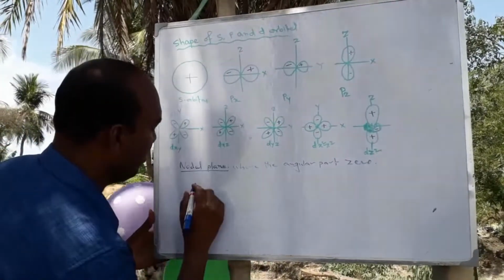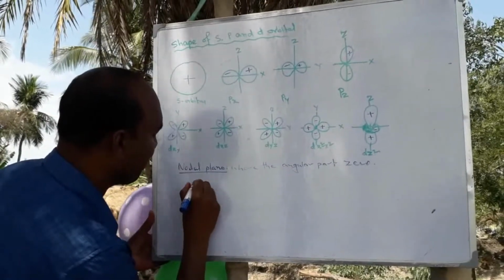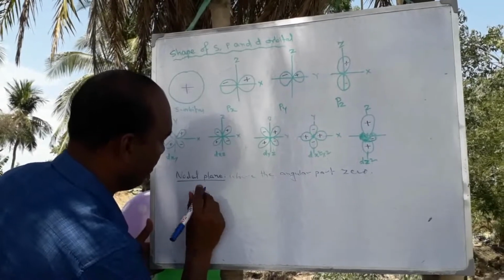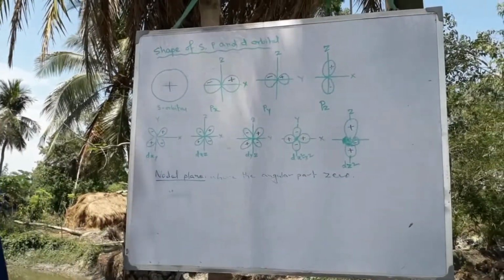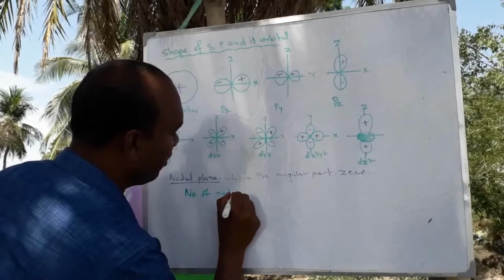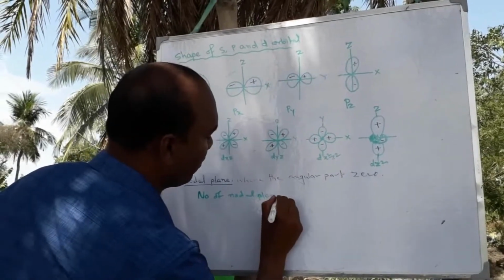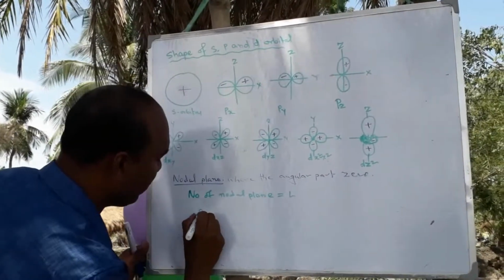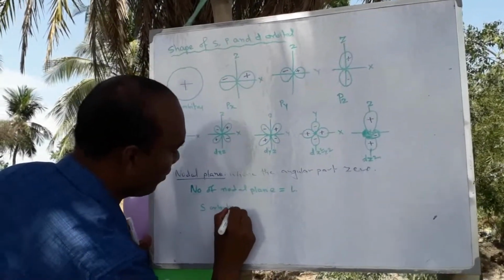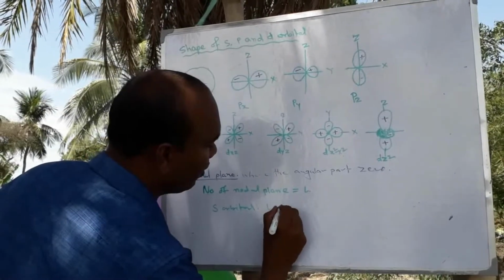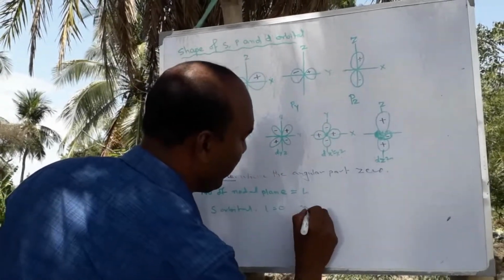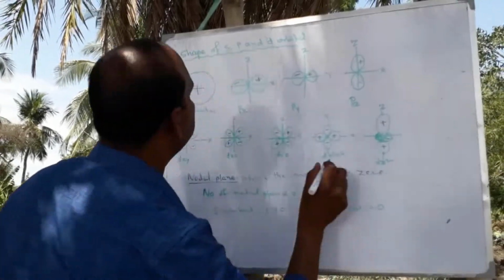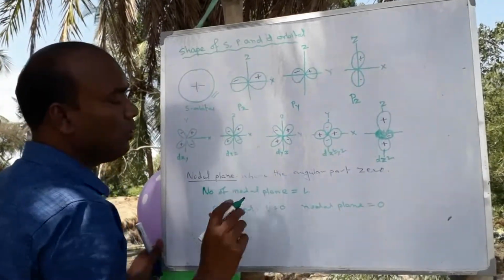Simply we can write that the number of nodal planes is equal to L. That is, for the s orbital you see L equal to 0, so nodal planes equal to 0. That is, the s orbital has no nodal plane.